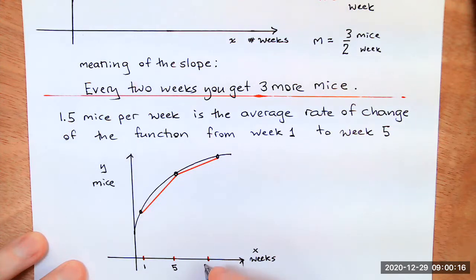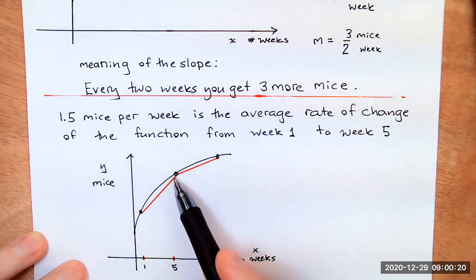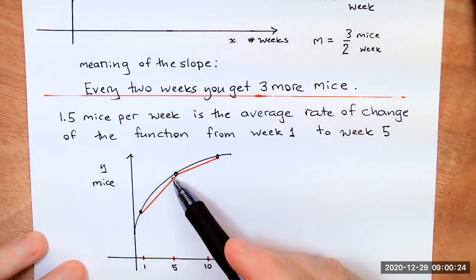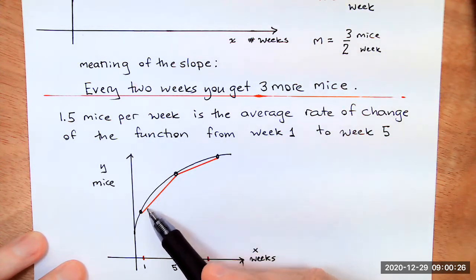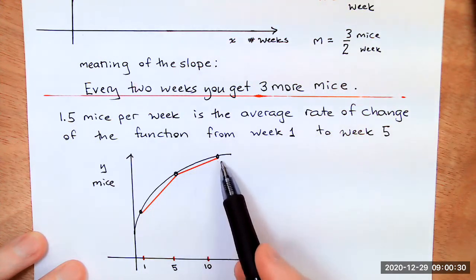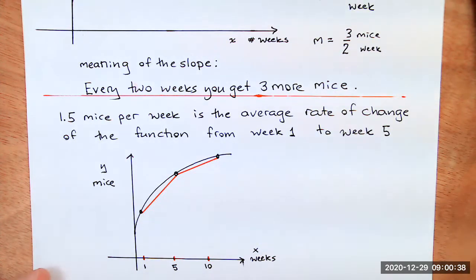And what you'll notice is that the average rate of change is going to be different for different regions of the graph. So which is increasing faster, this section here from 1 to 5, or this section here from 5 to 10? If you guessed 1 to 5, you guessed correctly.